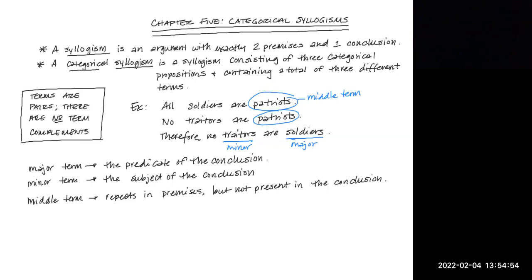Accordingly, the major premise is the premise containing the major term. The minor premise is the premise containing the minor term. And we don't have such a thing as the middle premise because it's a middle term.